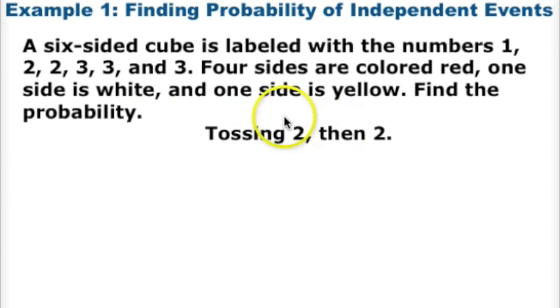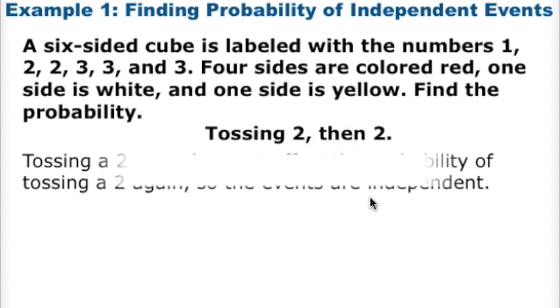Here's an example. Let's say we have a 6-sided cube, and it's labeled with the numbers 1, 2, 2, 3, 3, and 3. 4 sides are colored red, 1 side is white, and 1 side is yellow. Let's find the probability of tossing a 2 and then tossing it again and getting a 2 again.